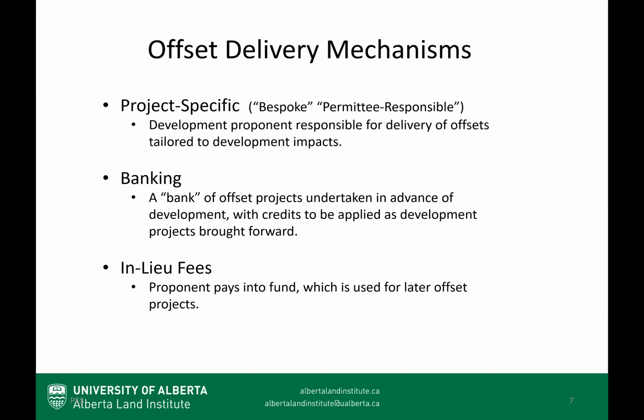Secondly, in more advanced systems, there's often a banking component where either proponents or in some cases third parties can go ahead, do the offsetting work and produce the environmental gains and hold those in a bank, with those credits to then be applied in the future to development projects as they may be brought forward.